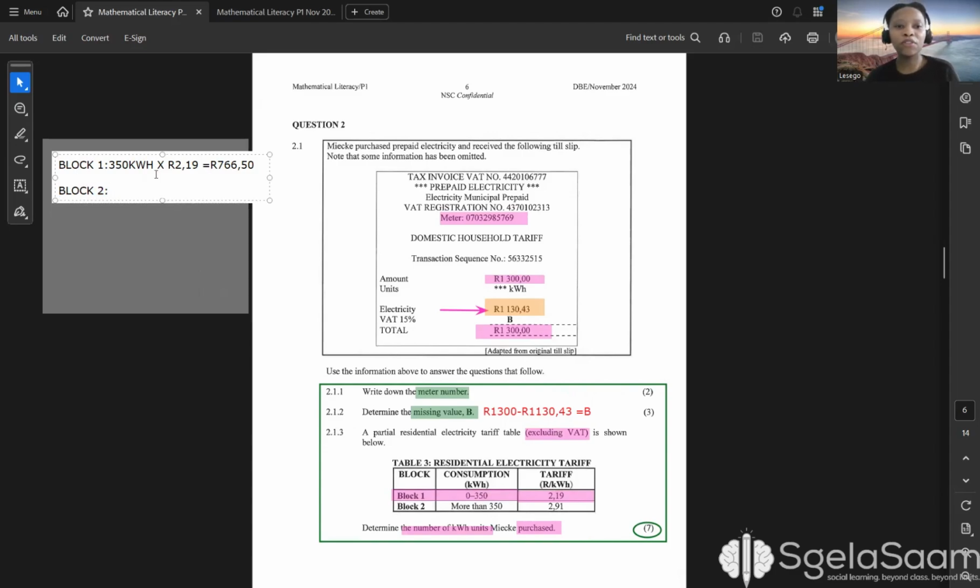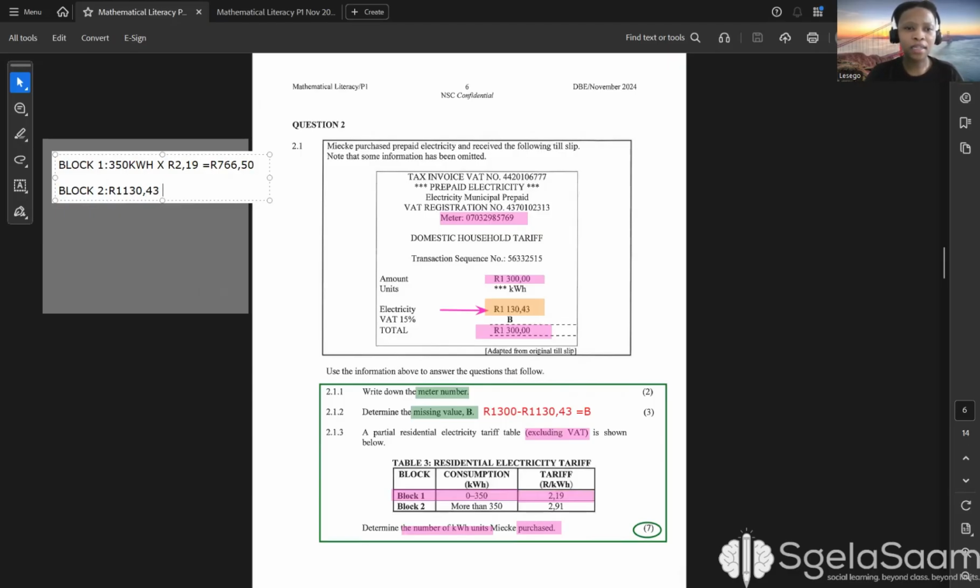Okay, so we found that for block 1, it's 766.50, right? And we know that our maximum is 1130,43. So that I just don't lose you too much there.